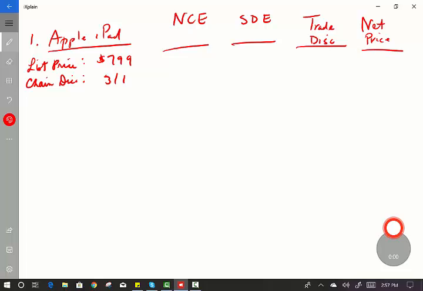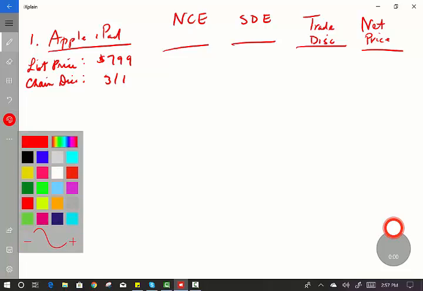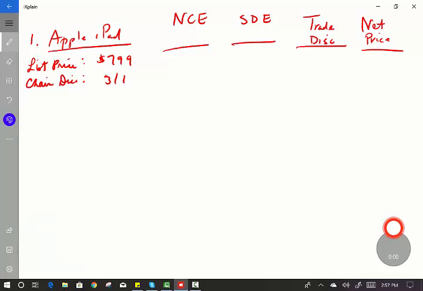Okay. So first, the net cost equivalent: we are going to take the complement of 3% and 1%. So that technically equals 0.97 times 0.99, and that will equal your net cost equivalent of 0.9603.